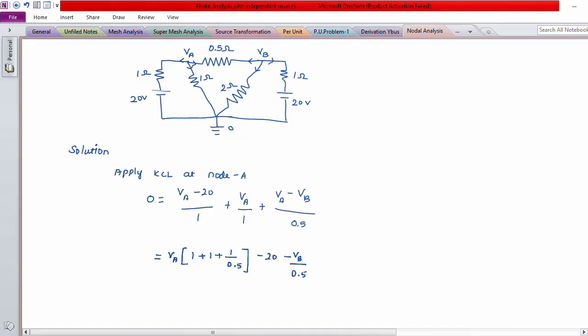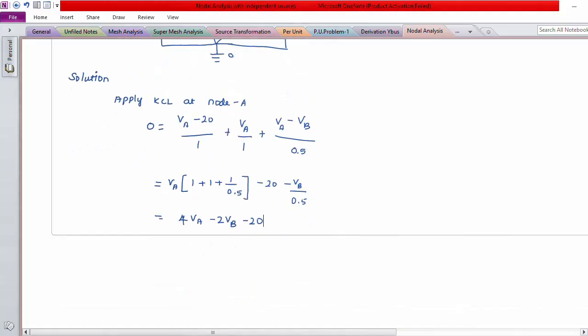Simplifying this equation, it becomes 4VA minus 2VB minus 20. Writing it as a simultaneous equation, it becomes 4VA minus 2VB equal to 20. Take this as equation number 1.